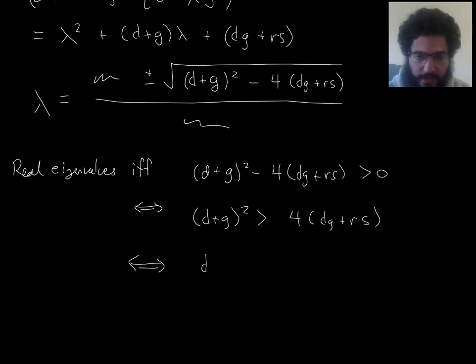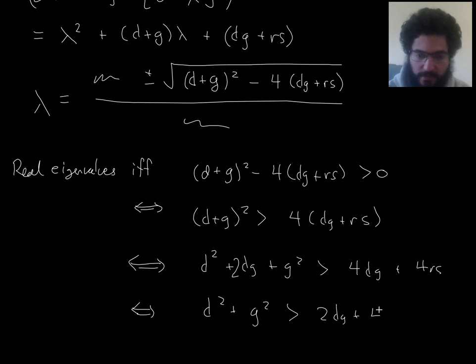Okay, so let's see. How about I expand this out? D squared plus dg plus g squared greater than 4dg plus 4rs. Sorry, this is 2dg, right? And how about I cancel the 2dg here? So we get d squared plus g squared greater than 2dg plus 4rs.